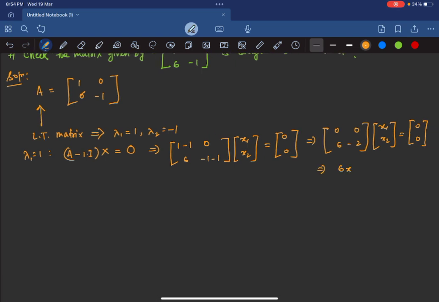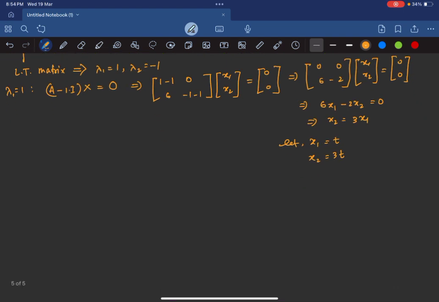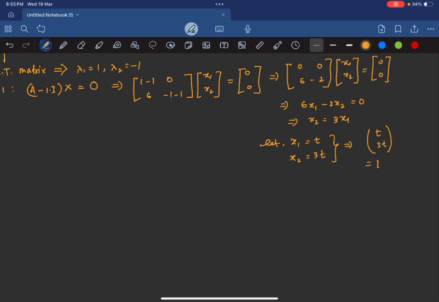So from this, if you do the calculation, you will get 6x1 minus 2x2 equals 0. So from here x2 equals 3x1. So let x1 equal, suppose, t, so x2 will be 3t. Alright, so from here you can write t, 3t, and equivalently you can write 1, 3.